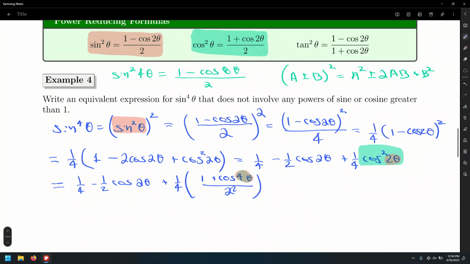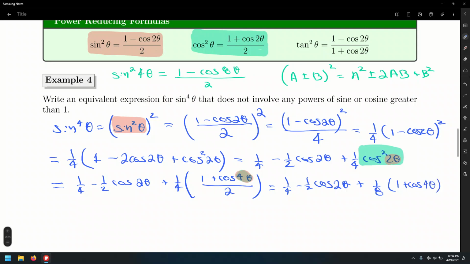Where's the 1/2? The denominator, so that's going to be 1/4 minus 1/2 cosine 2 theta plus 1/8 times 1 plus cosine 4 theta.